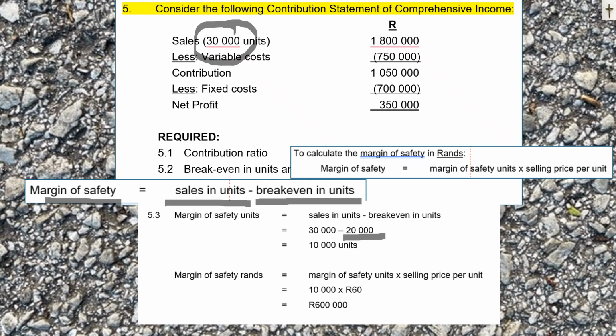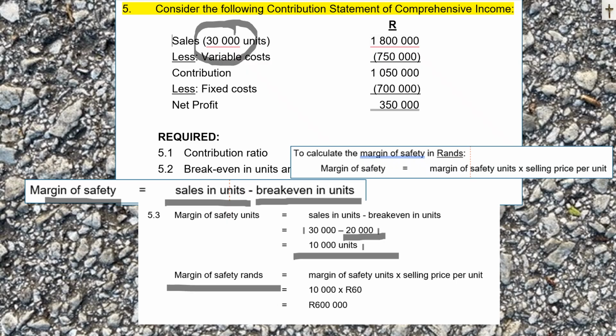So the margin of safety in units is the total units to be sold. We always make the assumption that all the units are going to be sold, and we subtract the break-even units that we just calculated, and therefore the margin of safety is 10,000 units.